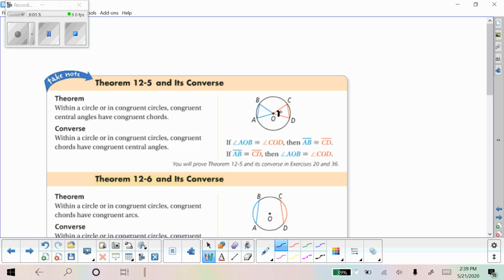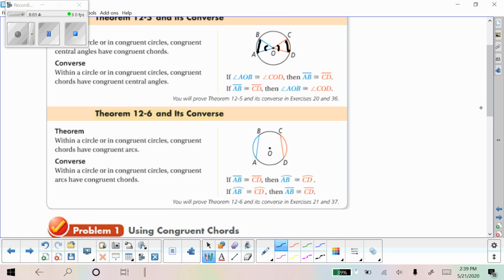So if these are the same, then these line segments are the same. And also, congruent chords have congruent arcs. So if AB is the same as CD, then this arc here will equal this arc here.